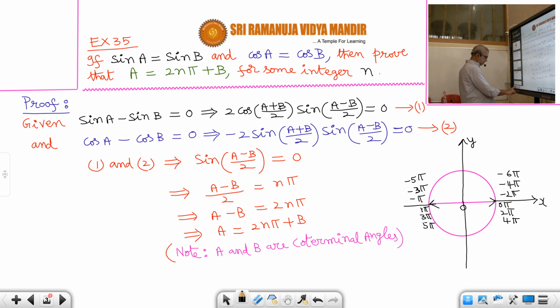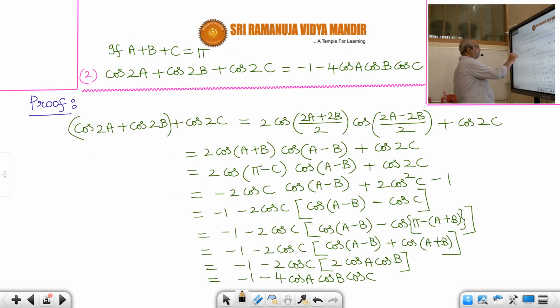Second one we are proving. First two terms I have combined, cos 2A plus cos 2B. 2 cos (2A plus 2B)/2 cos (2A minus 2B)/2, cos 2C will be just waiting. So 2 cos(A plus B) cos(A minus B), cos 2C.